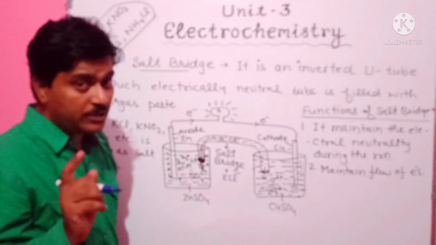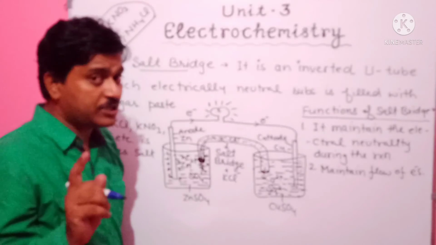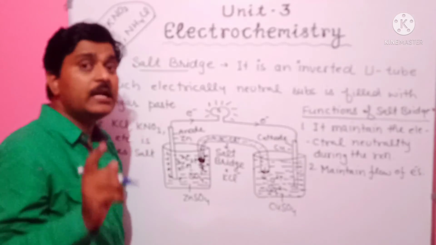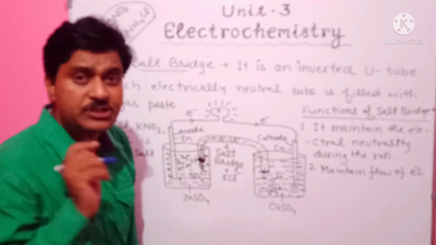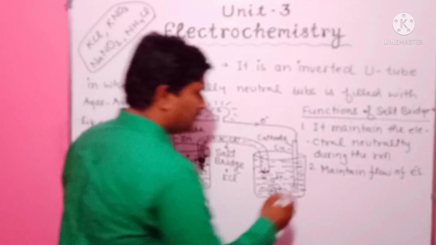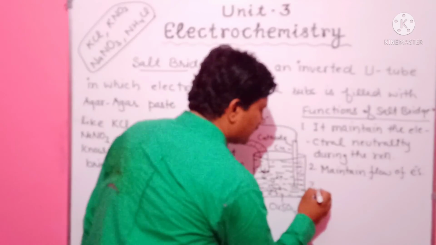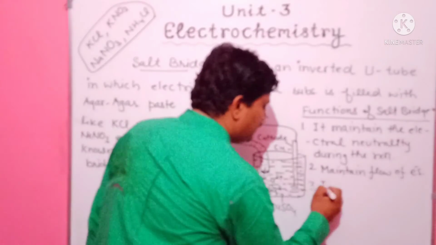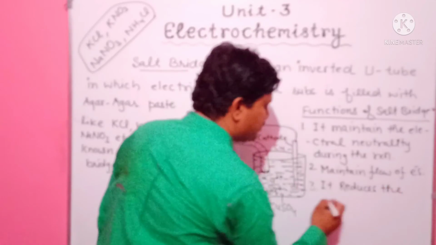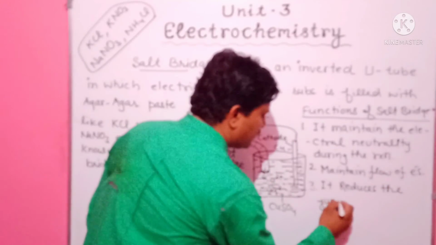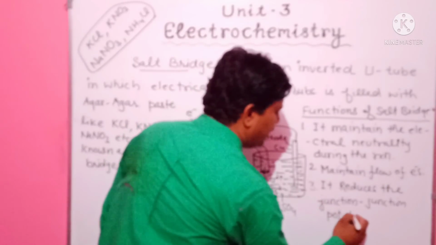The third and most important function of the salt bridge is that it reduces the junction potential barrier.